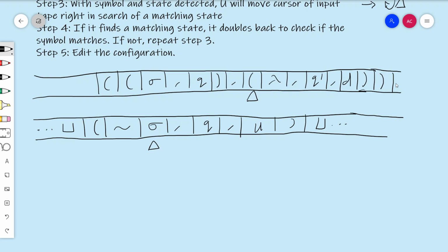Okay, so I've drawn a picture here of what the setup is, because we need to think about this very closely to make sure we get it right and can analyze the complexity effectively. This is my input string, and we're looking at the specific instruction here. So we've got a matching symbol and a matching state. You can see that those match here.